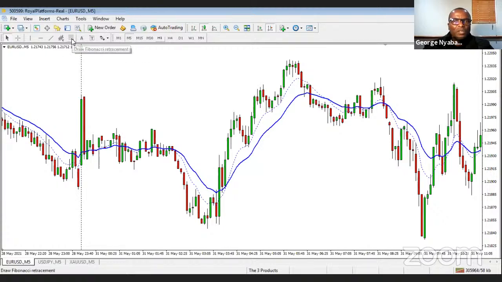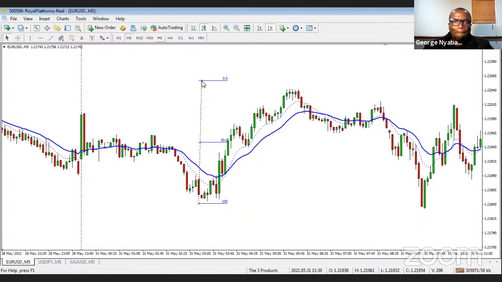So you take your Fibonacci retracement, and what you always want to do, I think I've mentioned before, even when we're talking about take profits, always aim for the earliest profits.